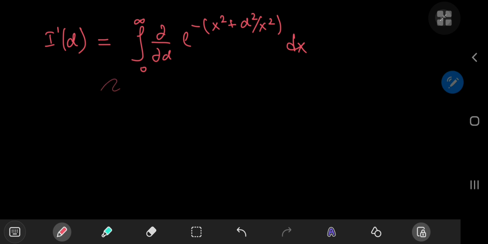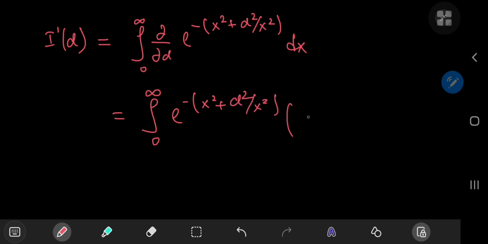Now, because we're differentiating partially with respect to alpha, the x terms are all constants. So we have the integral from 0 to infinity of e to the negative x squared plus alpha squared by x squared. And because of the chain rule, you have this negative 2 alpha by x squared term, and we're integrating with respect to x.